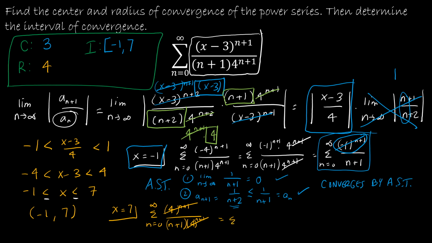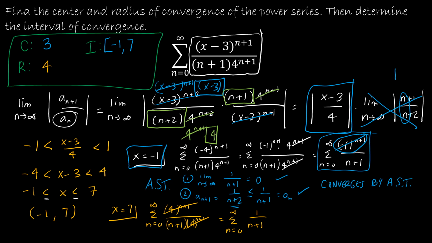That gives me the summation as n goes from 0 to infinity of 1 over n+1. Now again, from here I need to decide what is my best strategy. What's the best rule that I can use that fits all of the requirements of that rule that can help me to determine convergence or divergence.